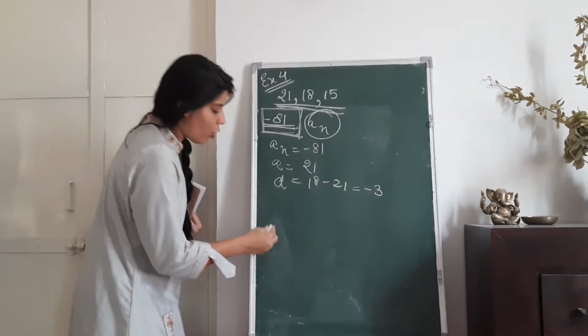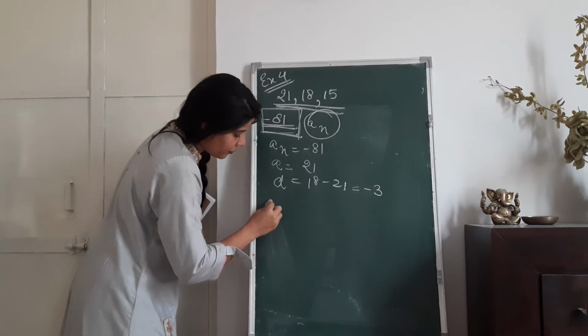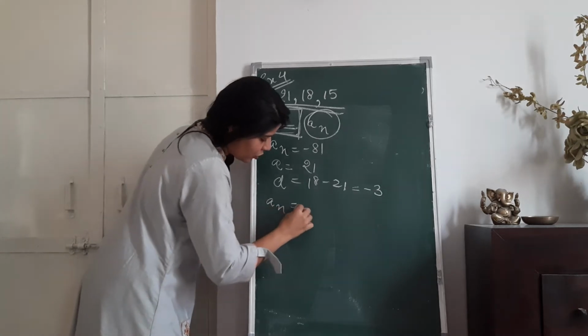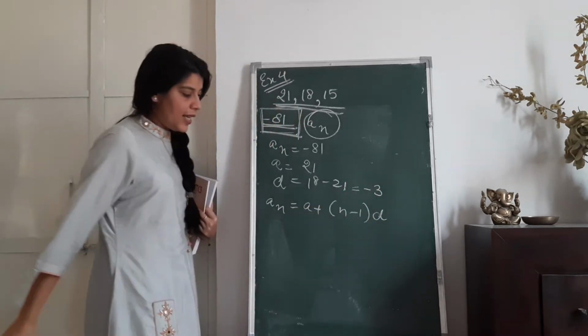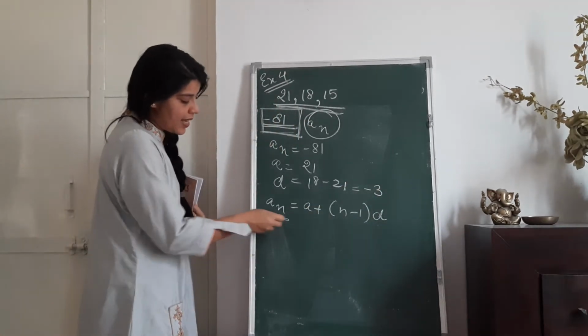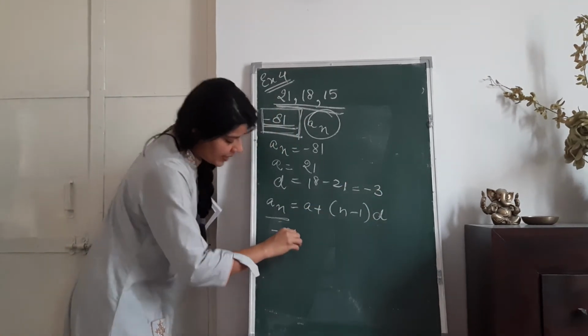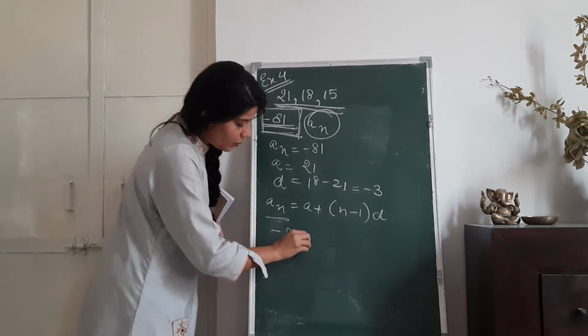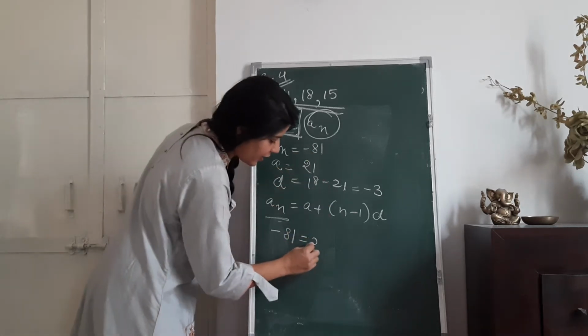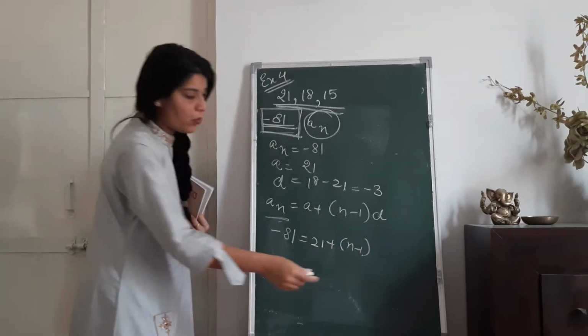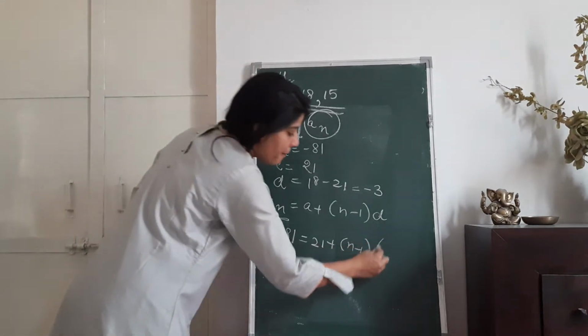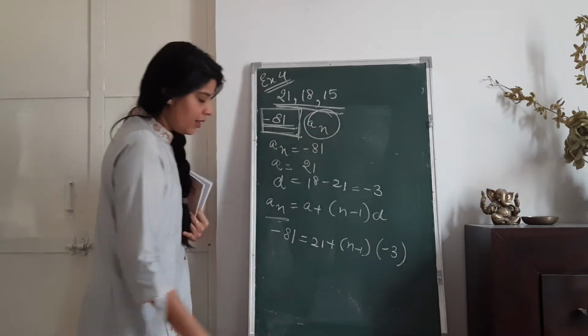Now let's use that formula. an is equals to a plus n minus 1 into d. Can I write it like this? What is an? Minus 81 is equals to 21 plus n minus 1 into d. What is d? d is minus 3.